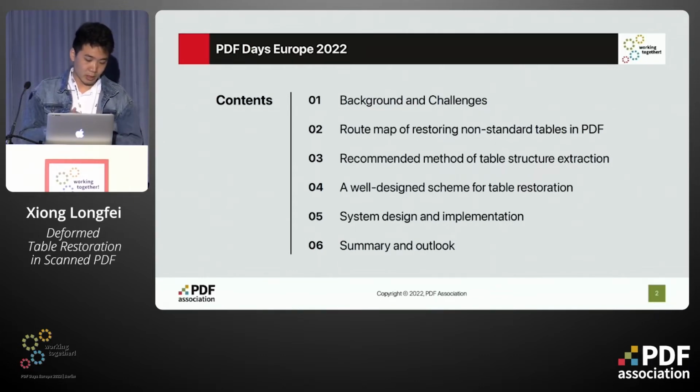Thirdly, a highly recommended table structure extraction method. Fourthly, a well-designed scheme for table restoration. And then a system design and implementation on different platforms. At last, a summary and outlook of our work.